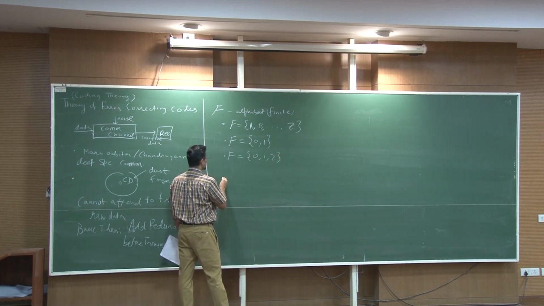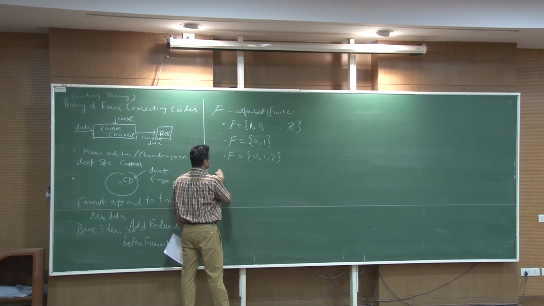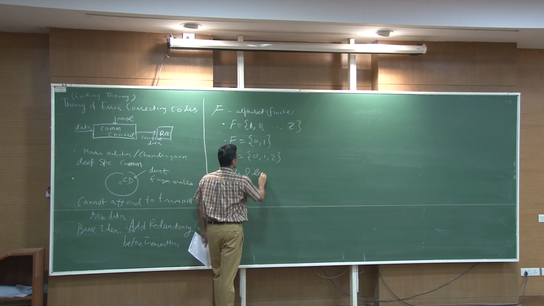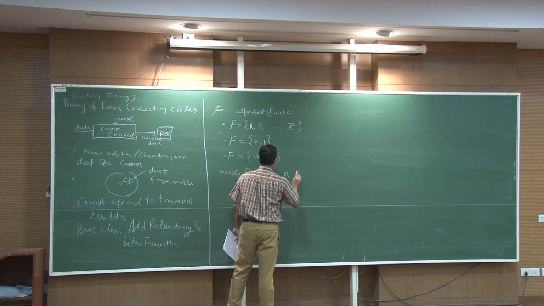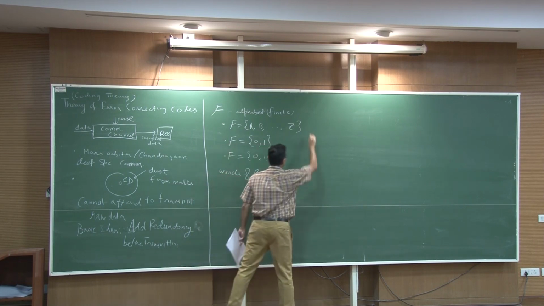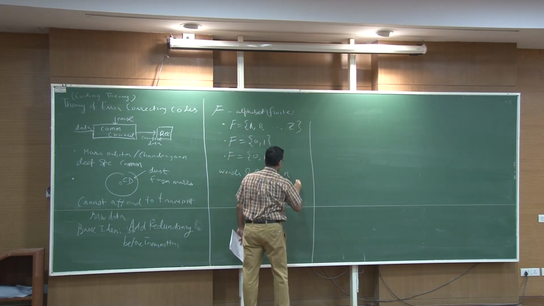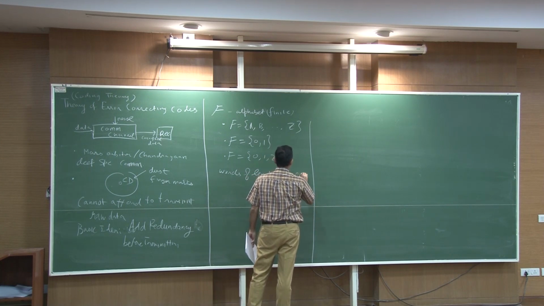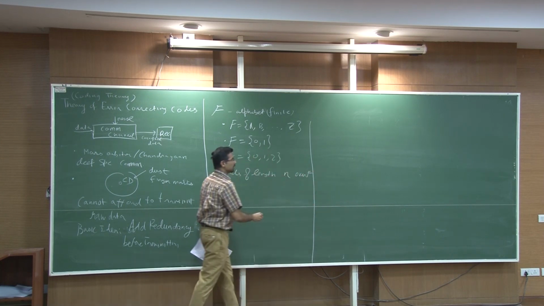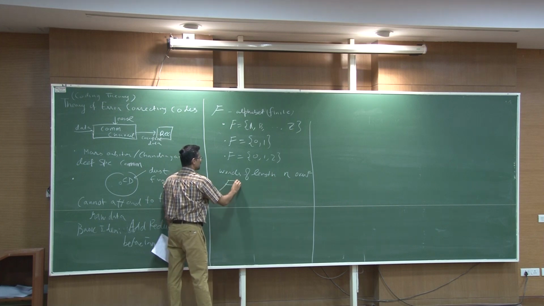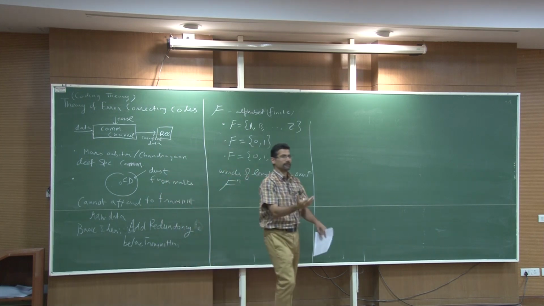And what you're transmitting is words of length n over F. What do I mean? Simply elements of F to the n. Cartesian product of F with itself n times.